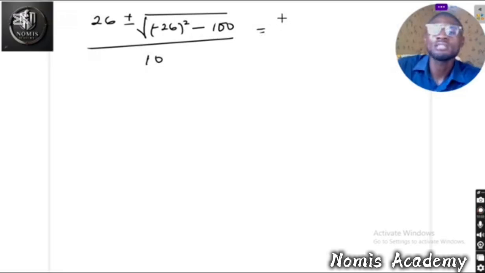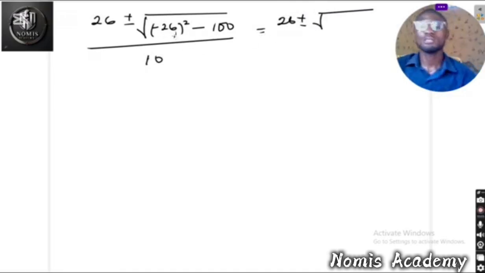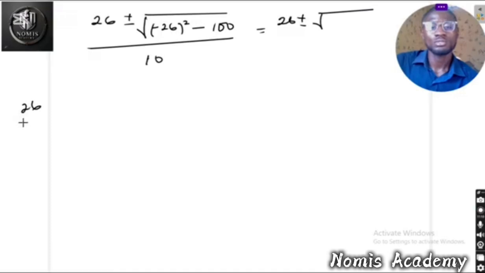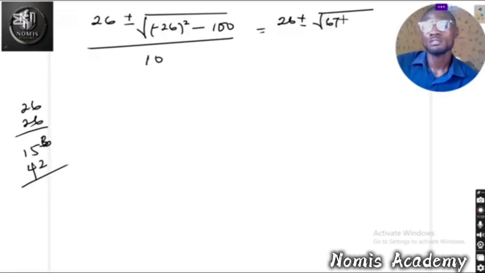So let's get 26 plus or minus the square root of 26 multiplied by 26, so that is 676.